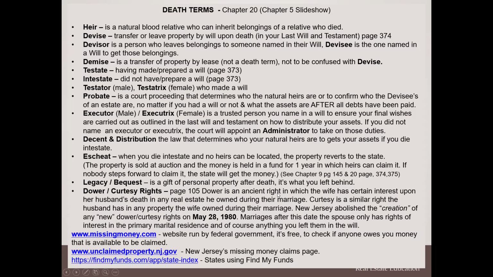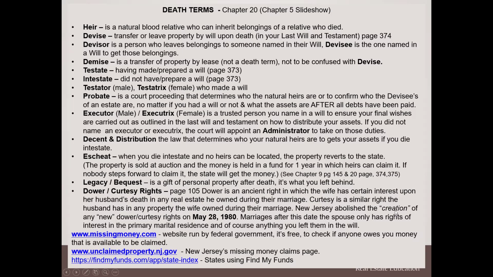It's an ancient right in which a wife has certain interest upon her husband's death in any real estate that he owned during their marriage. Courtesy is a similar right that the husband has in any property that his wife owned during their marriage.